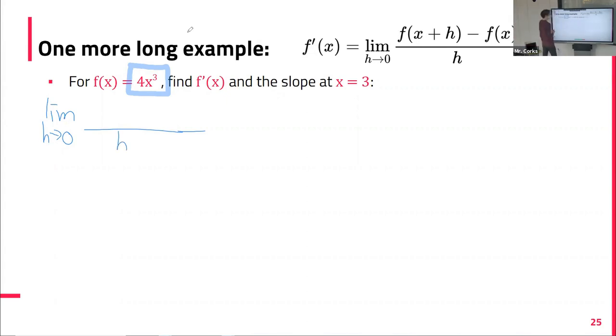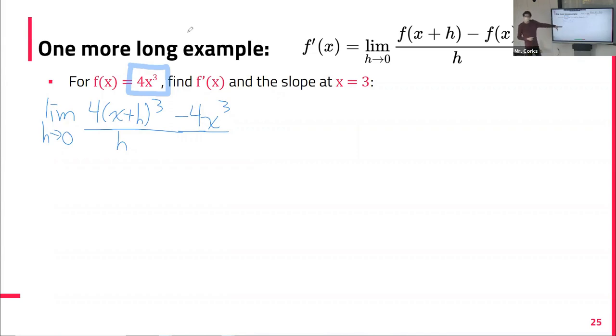For the other one, minus f of x, our f of x here is 4x cubed, so minus 4x cubed. And then we have our other part. So f of x plus h would be 4 times (x plus h) cubed. So that's our y2, that's our y1, and that's our delta x on the bottom.